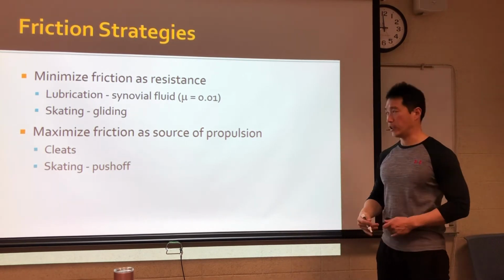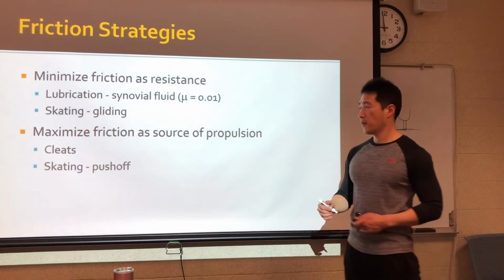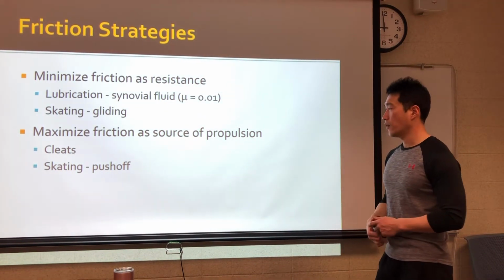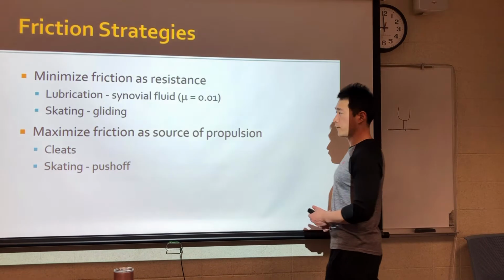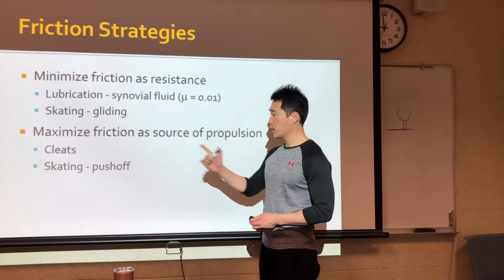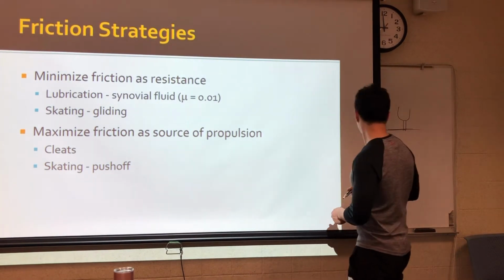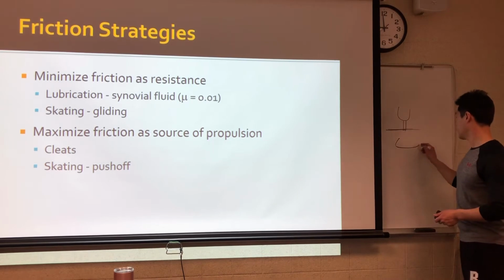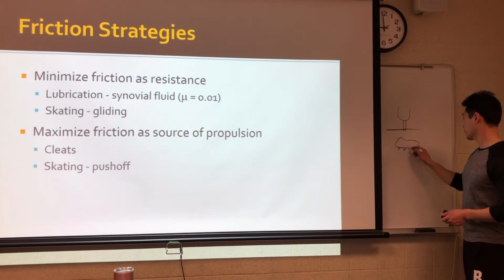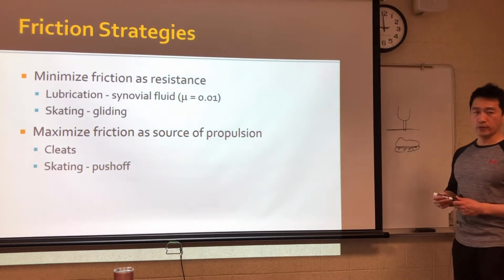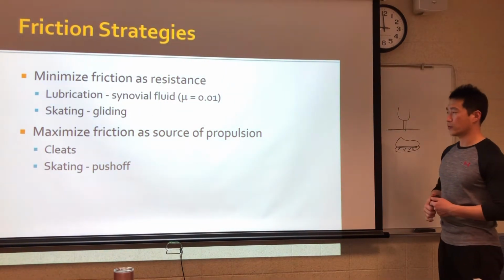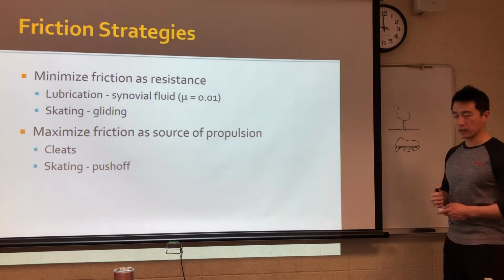Then you will be able to glide on the ice more easily. And sometimes, on the other hand, maximize friction as a source of propulsion. Soccer cleats. You get the soccer shoes here, and then cleats. Without cleats, it will be very slippery on the grass.